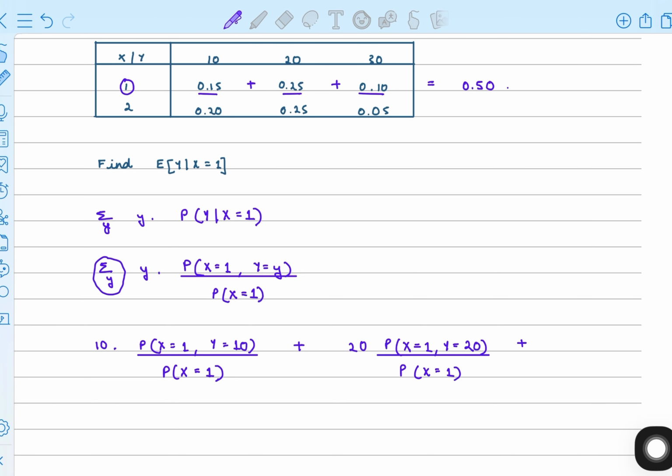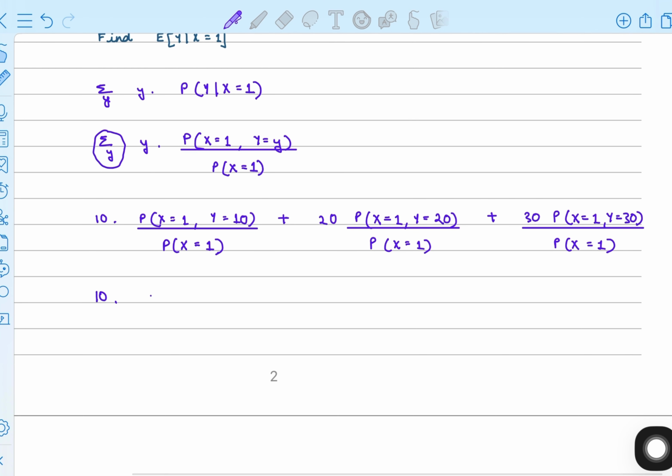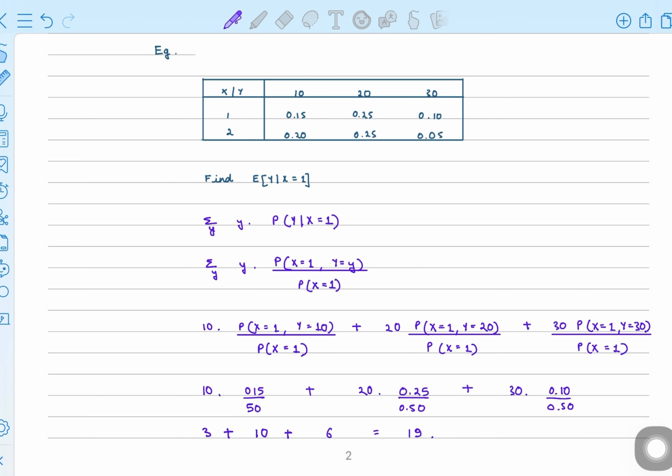And at last we use the final value of y, which is 30. This gives us our final answer as 19. This tells us that among all of our observations where x is equal to 1, the average value of y is 19.